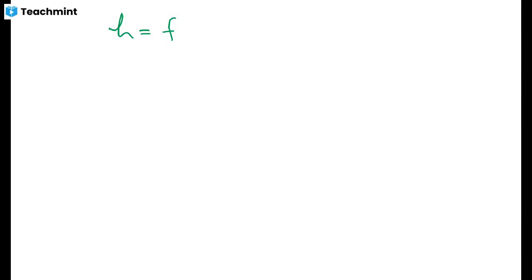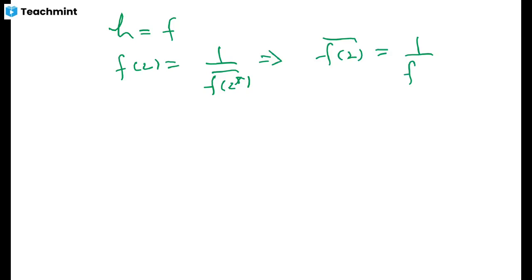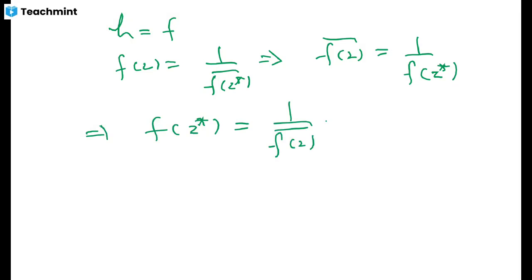So f(z) is equal to, by the definition of h, the conjugate of f(z star). Taking the conjugate on both sides, the conjugate of f(z) will be equal to 1 upon f(z star), and to match the identity mentioned in the hypothesis, f(z star) equals 1 upon f(z) on the neighborhood of the curve. This is what the reflection principle is all about.